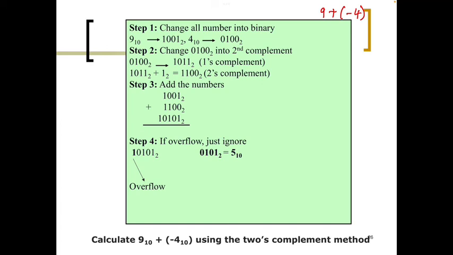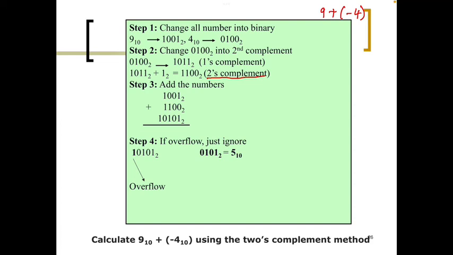So from 0100 it becomes 1011. Then we add another 1, so it becomes 1100. This is what we call the 2's complement.